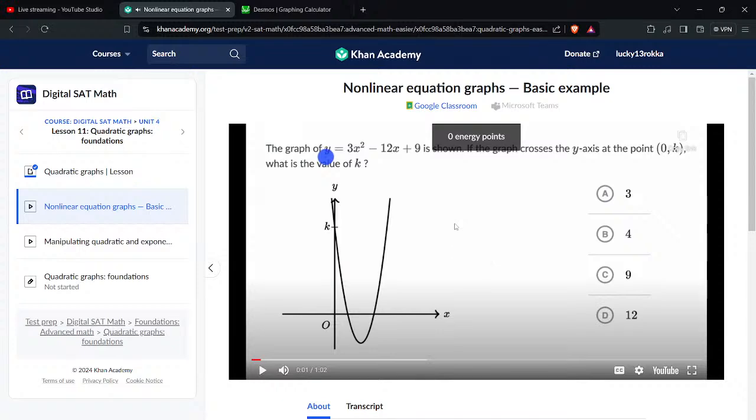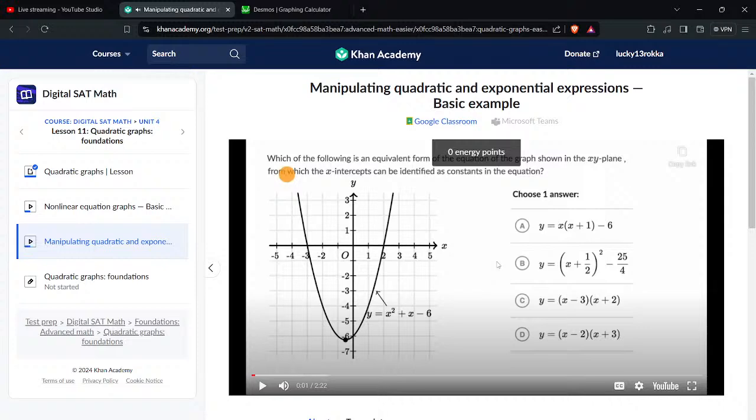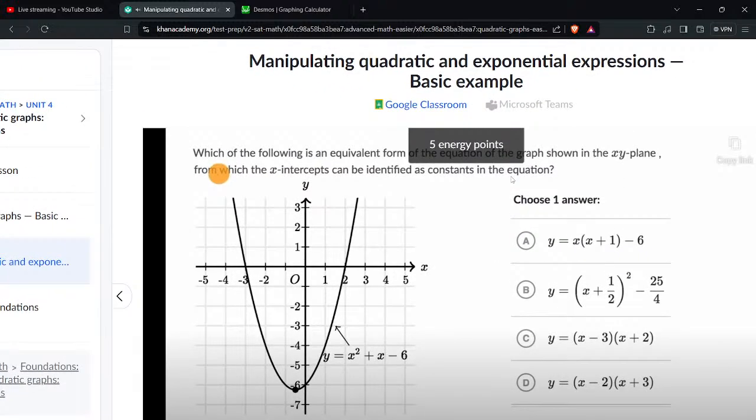We're told the graph of... yeah, of course, it's a point. Okay, this is easy. We're asked... Switch to... Okay, that's wrong.